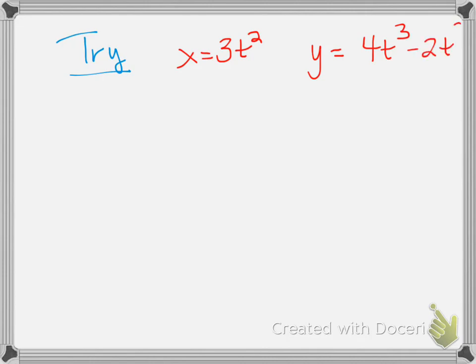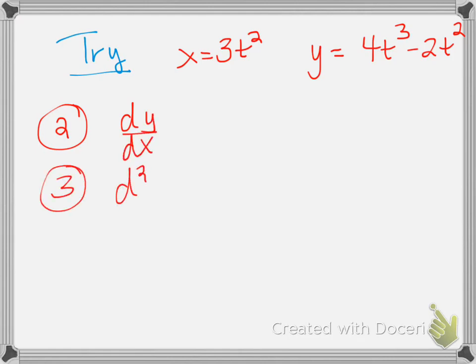Alright, here's your last try problems. Your equations are going to be x equals 3t squared and y equals 4t cubed minus 2t squared. So the second try problem is to find dy dx. The third one is to find the second derivative.